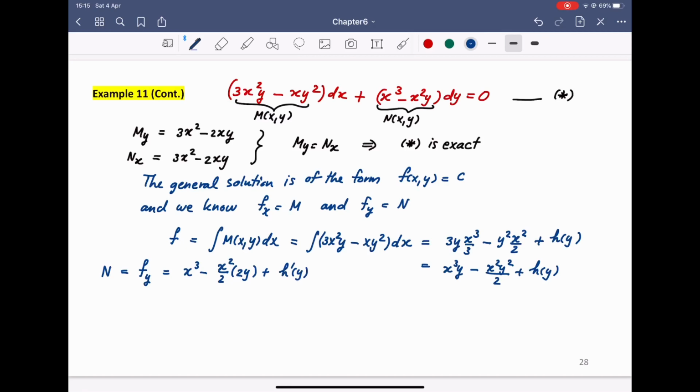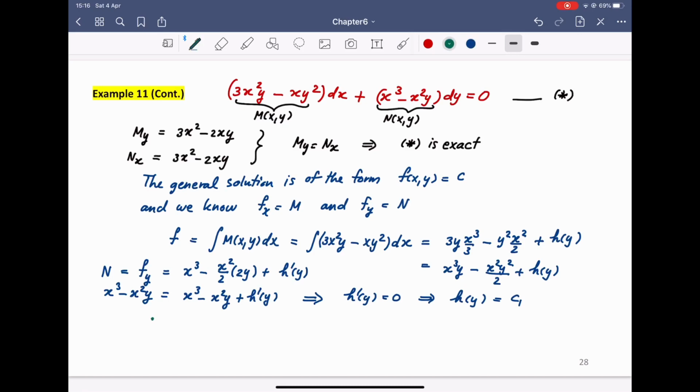Well, this thing is x cubed minus x squared y plus h prime of y. Alright, and this is supposed to equal x cubed minus x squared y, right? Because that is my N. And this implies that h prime of y equals 0. So the function h is just a constant. Let's say c1.